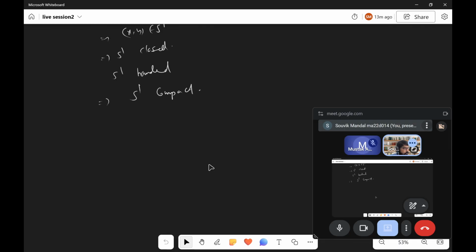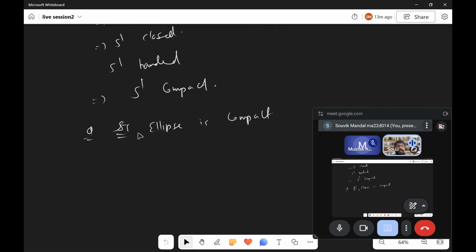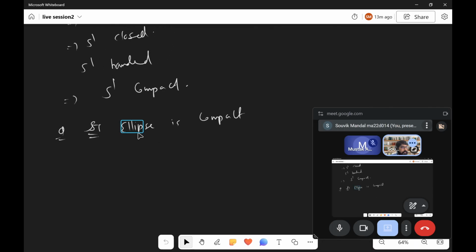Now the next problem is to show that the ellipse is compact. Ellipse means x squared by a squared plus y squared by b squared equals 1. Show that it's compact.